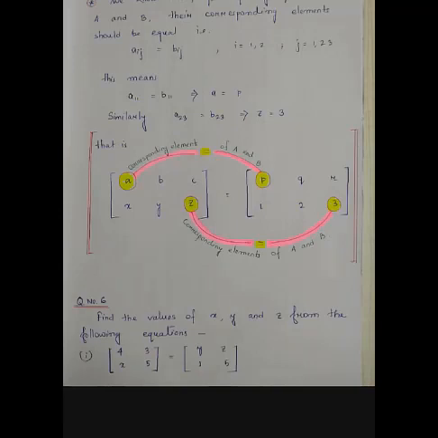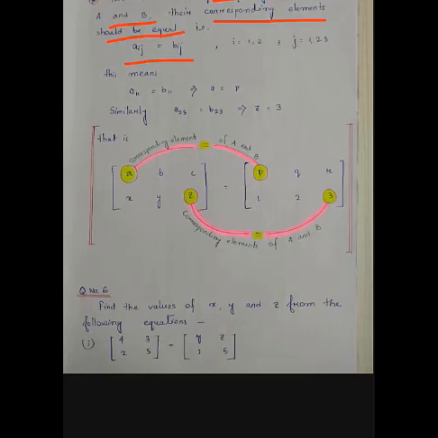After that, what is said here is that for the equality of two matrices A and B, their corresponding elements should be equal. That means Aij equals Bij when the value of i starts with 1 and ends with m, and for this, i is equal to 1 and 2, of course, and j is equal to 1, 2 and 3.